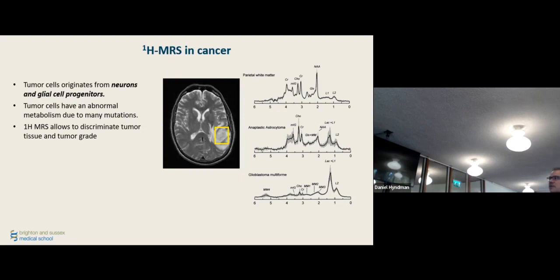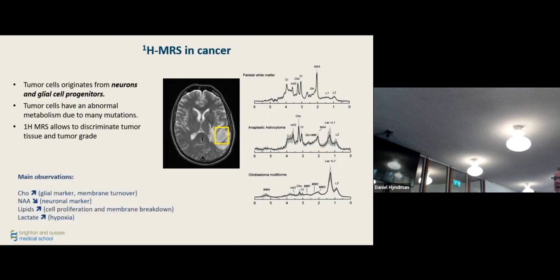For example, the N-acetyl aspartate, which we said is a neuronal marker, goes down significantly in the tumor process. On the other hand, choline, which is a marker for membrane turnover, is increasing quite dramatically. In this case there is also evidence of astrocytosis from the increase in myo-inositol signal, and here everything simply goes down because the tissue is completely destroyed.